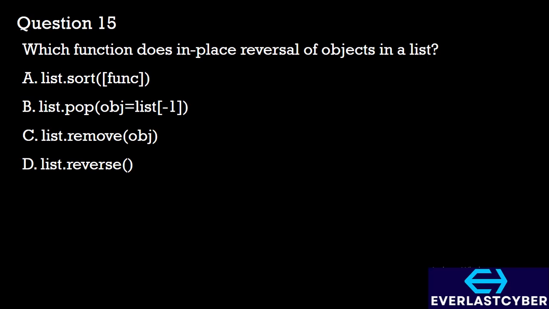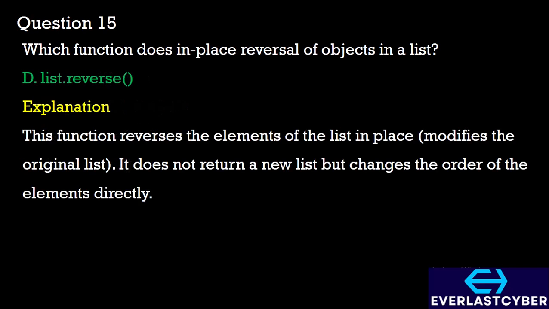While the function we have in option D reverses the elements of the list in place, that is, it modifies the original list. It does not return a new list, but it changes the order of the elements directly. So our answer here is option D. This is a function that does in-place reversal of objects in a list.